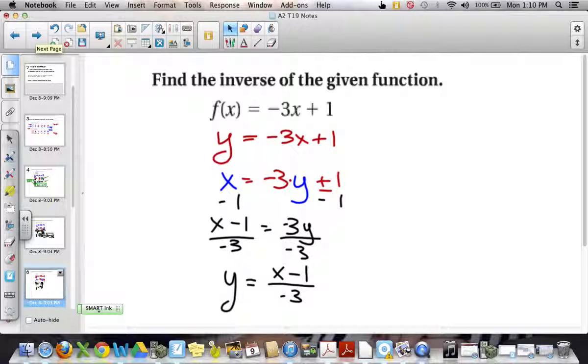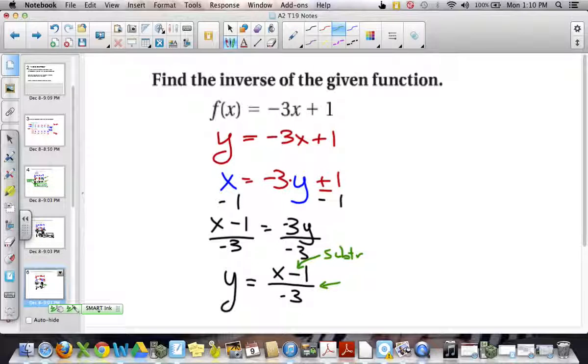Notice you have subtraction and division as the two operations in your inverse function, whereas up here we started with multiplication and addition.